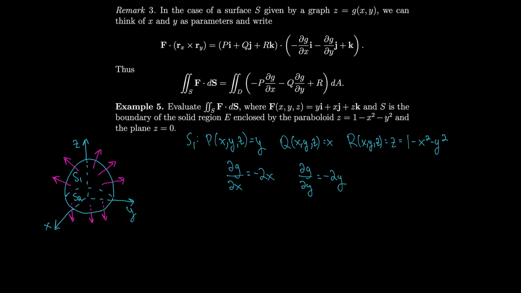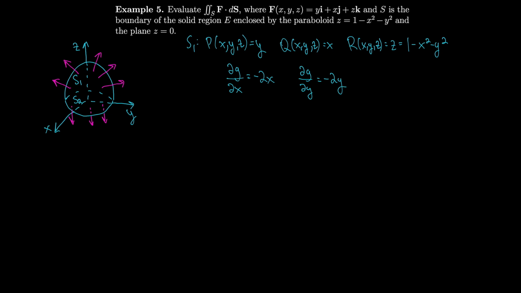So let's see if we can compute our surface integral now. The surface integral over S1 of F dot dS will be the double integral over D of minus P times the partial of g with respect to x, minus Q times the partial of g with respect to y, plus R dA.